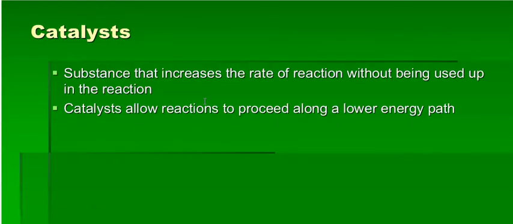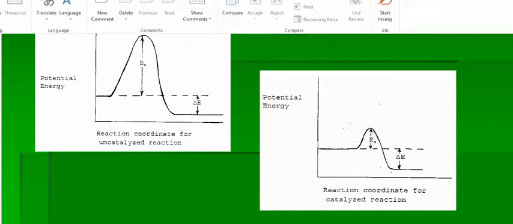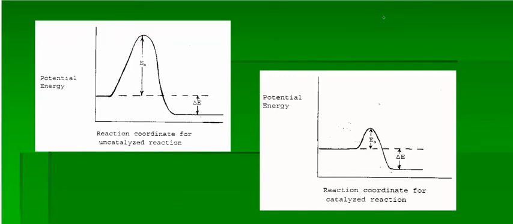And then the fourth thing that can increase reaction rate are catalysts. Catalysts increase the rate of reaction without being used up. They allow the reactions to proceed via a lower energy path. Let me show you 2 energy diagrams. One is without a catalyst, one is with a catalyst. Notice the activation energy without a catalyst over here.